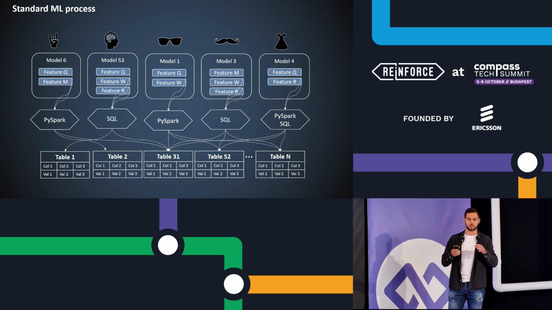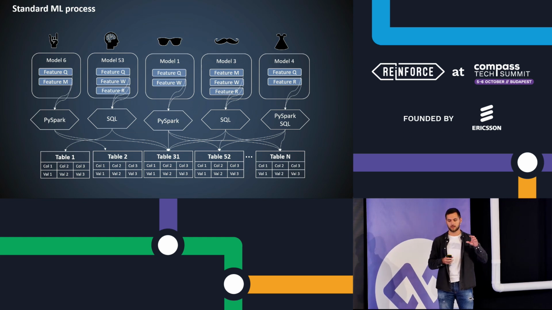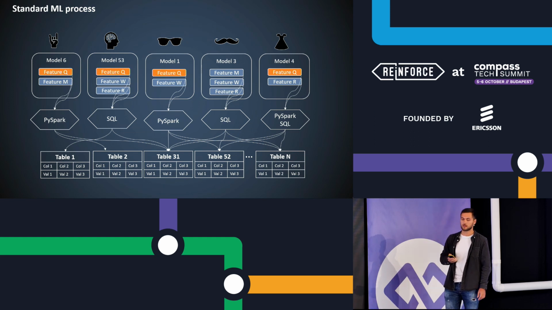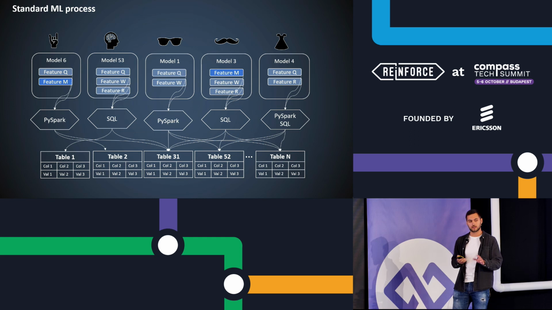Some of them do preprocessing steps right in SQL, some in PySpark. Some download the data right into Python and do all transformations in Python. And here we can see something very common among these data scientists: they collect the same features, maybe in a different way, but they use the same features.